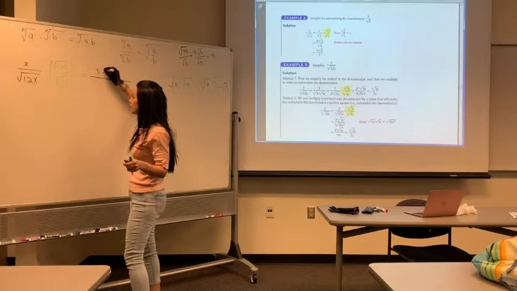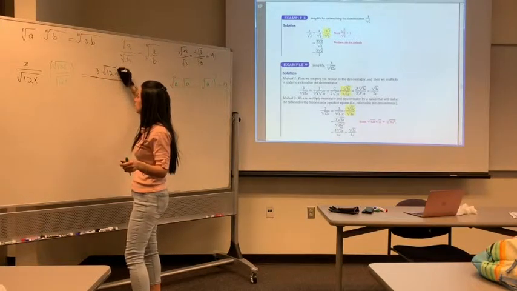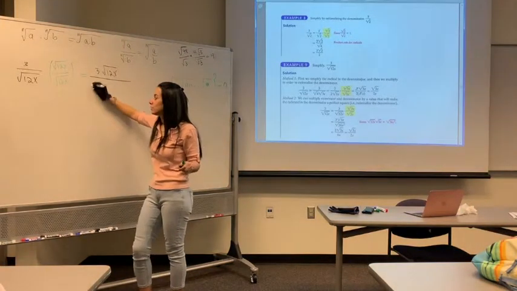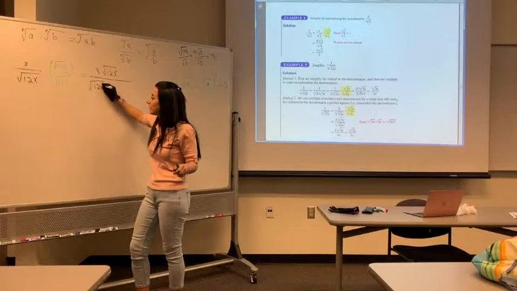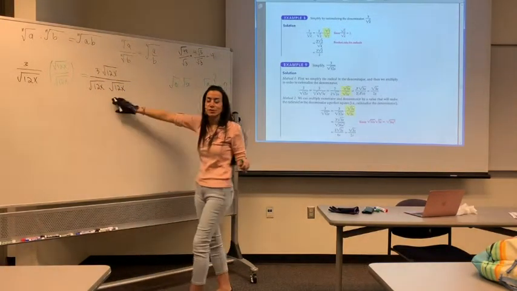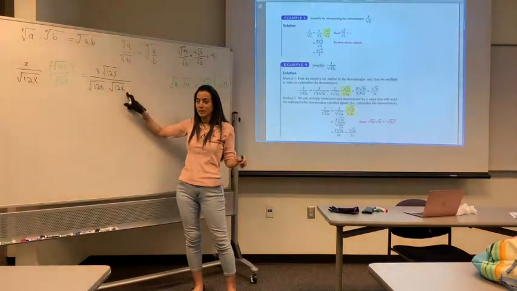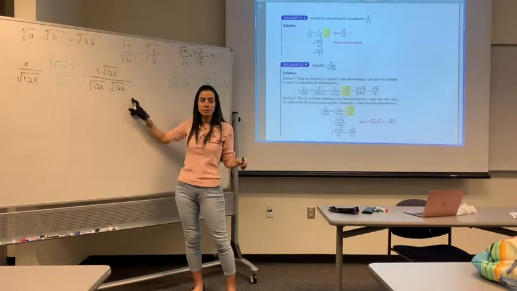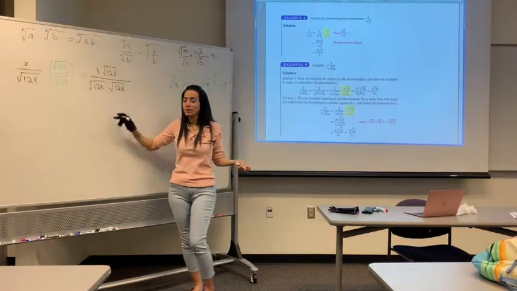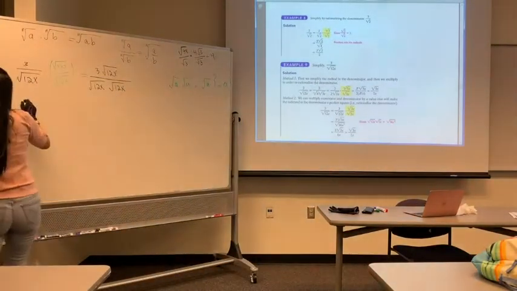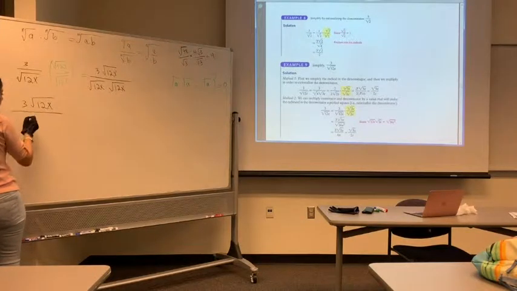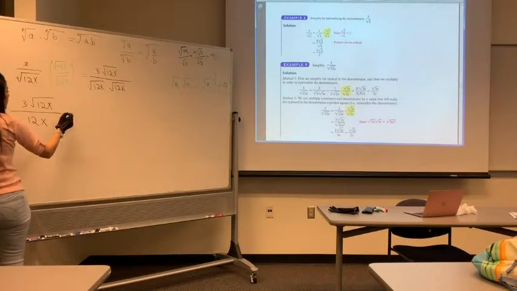So here in the numerator, we have 3 radical 12x. In the denominator, we have radical 12x multiplied by radical 12x. So the same thing multiplied by itself. So what comes out? 12x, correct? So we have 3 radical 12x divided by 12x.